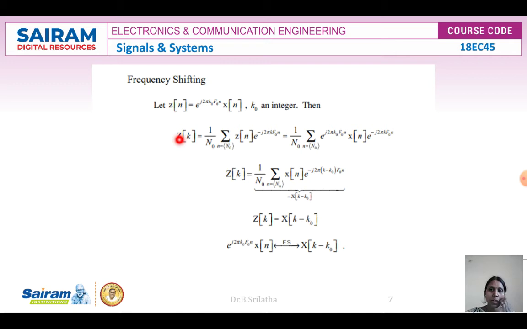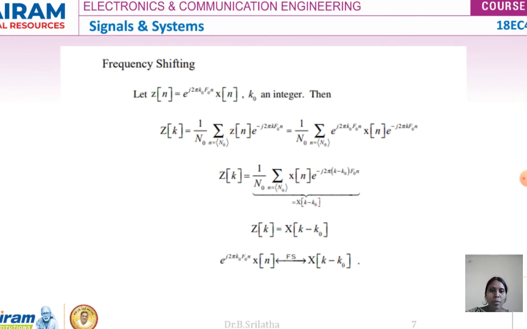So z of k is equal to 1 by N, this whole sum, into z of n. Here z of n we know already, so we substitute it. We need to multiply e power j 2 pi k naught f naught n and the other term. If you multiply, we can take e power common, and k minus k naught is the extra term. So e power minus j 2 pi, k minus k naught, into f naught into n.